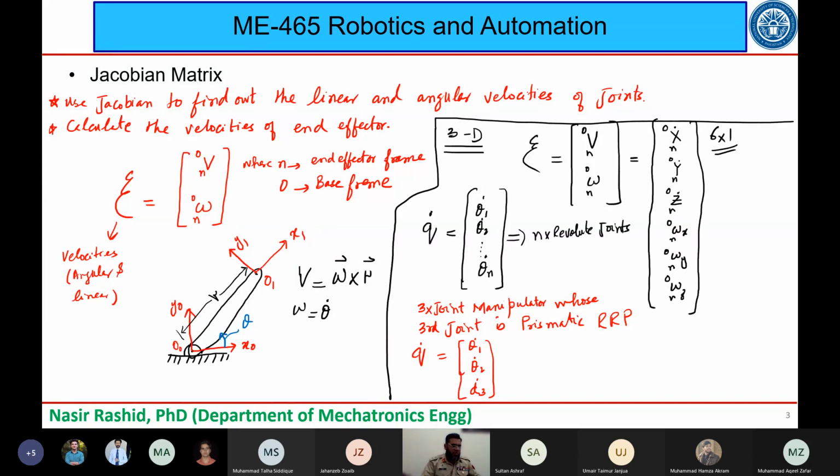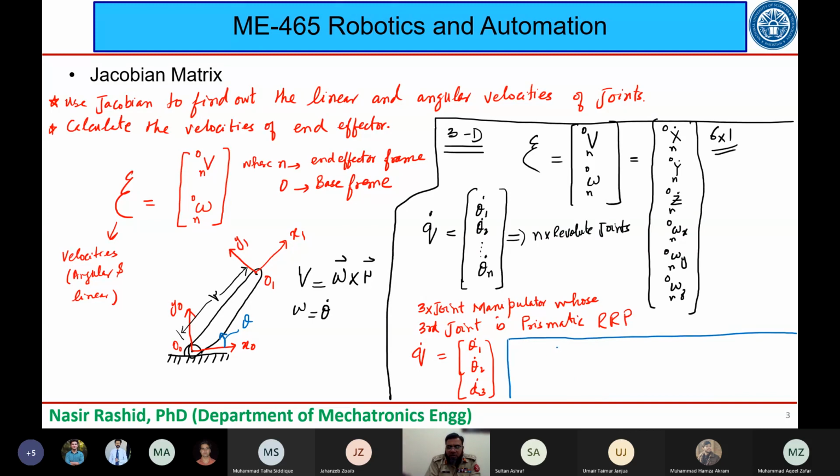Okay, let me now make an equation for you which will give us the linear and angular velocities in terms of joint variables.